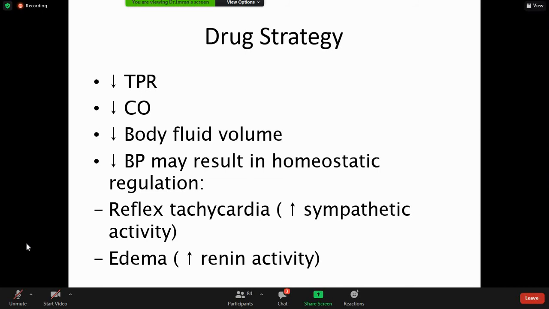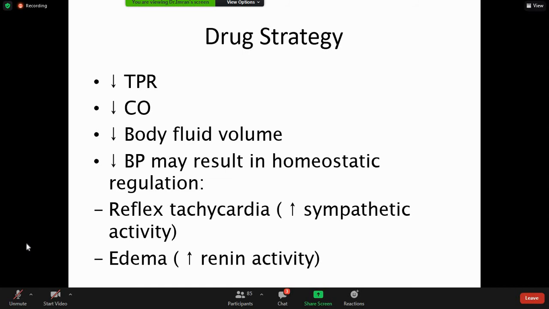And the second is the edema, right? Because increased renin activity is responsible. When we decrease the blood pressure, less blood reaches the kidney. So the kidney will think, okay, there is low blood pressure, so how can I overcome this problem?